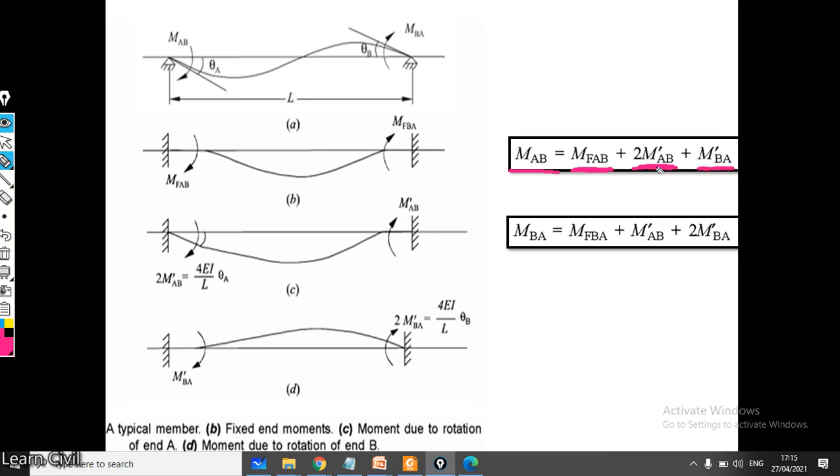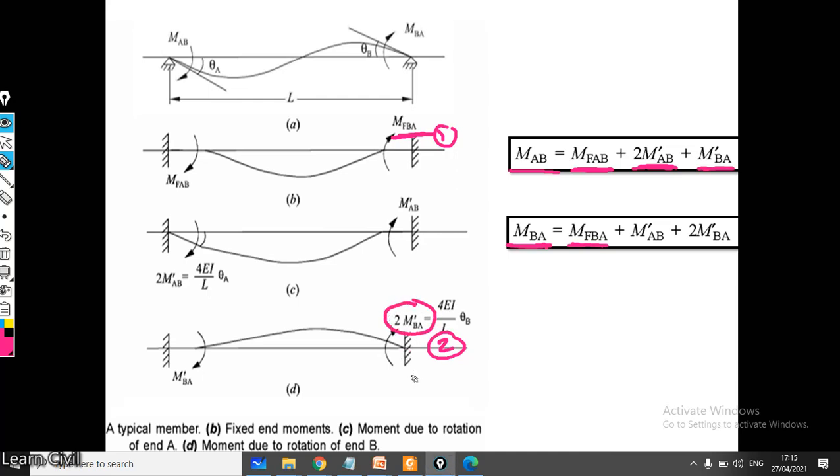Similarly for the final end moment MBA, the equation in Kani's method is MFBA, that is the fixed end moment at BA, second, the bending moment developed due to rotation of the near end.